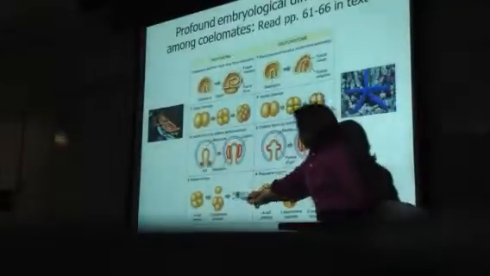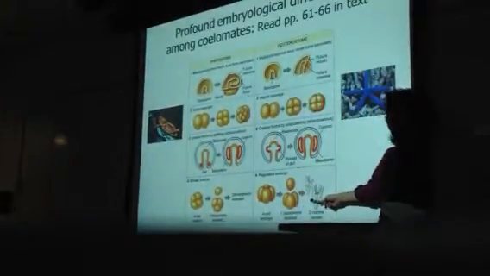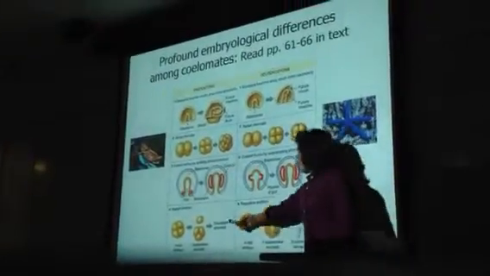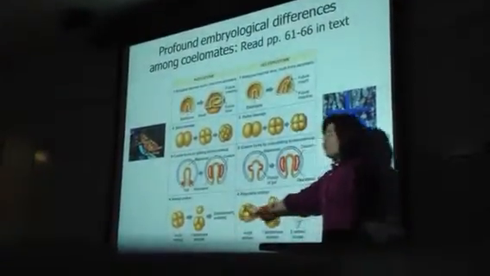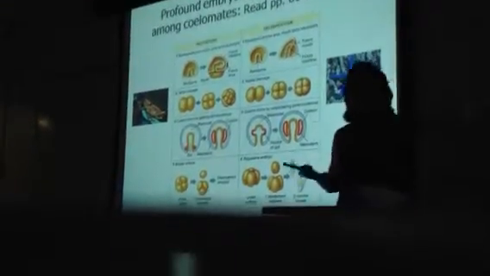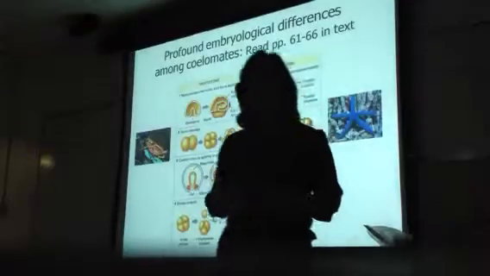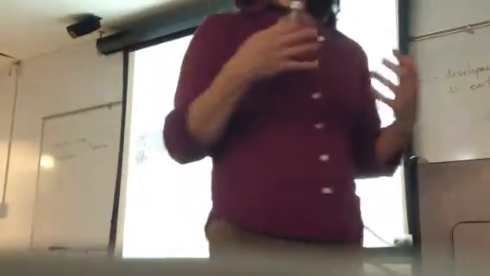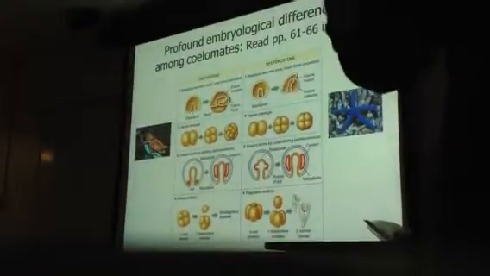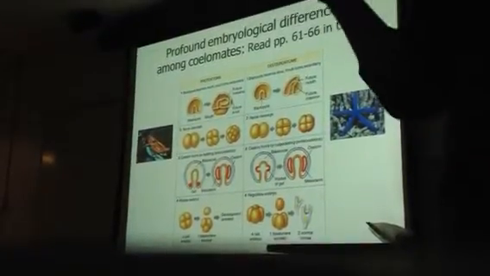And then there are some differences down here in number 4 in the determination of cell fates. That is, when does a cell in a developing embryo receive the information to differentiate into a muscle cell, a heart cell, a brain cell, a nerve cell?